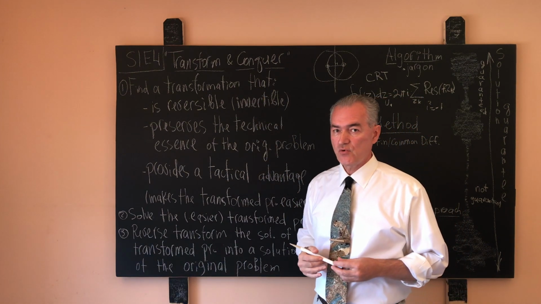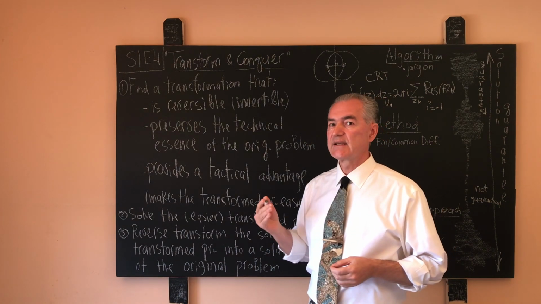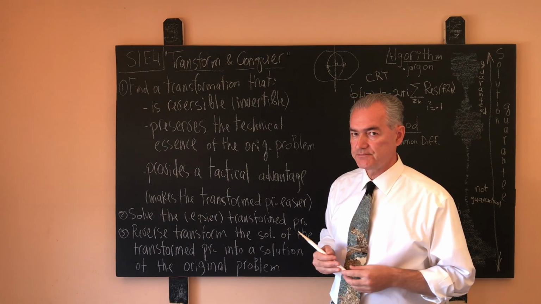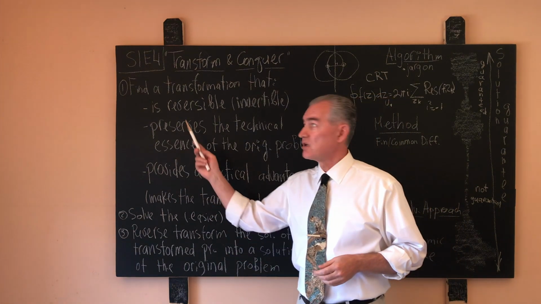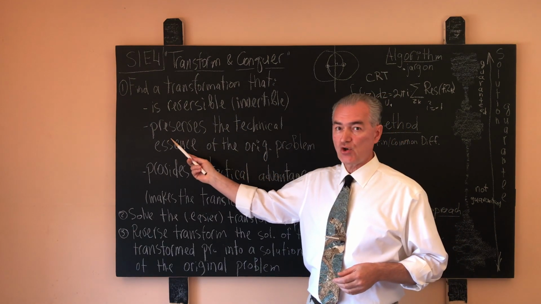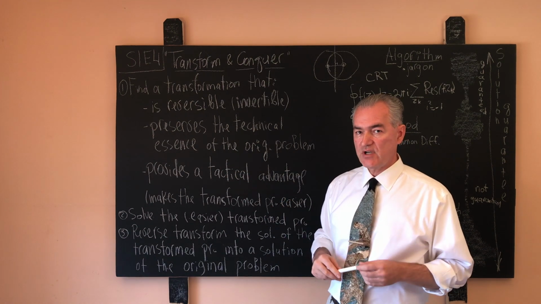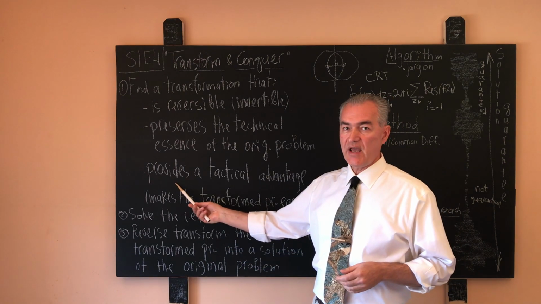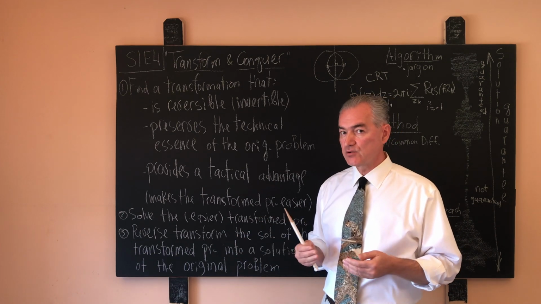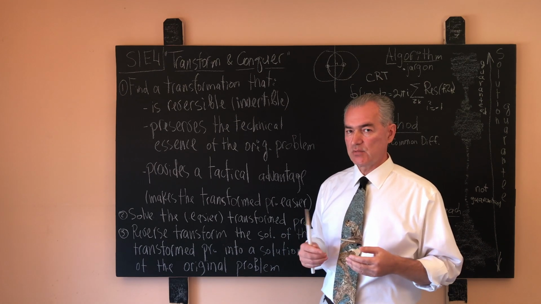According to the transform and conquer problem-solving approach, we should try to find a candidate transformation that has the following three fundamental properties. Such a transformation should be reversible or invertible. That transformation should preserve the technical essence of the original problem, and that transformation should provide us with a tactical advantage or should make the process of searching for a solution of a perhaps difficult to solve problem easier or more tractable.